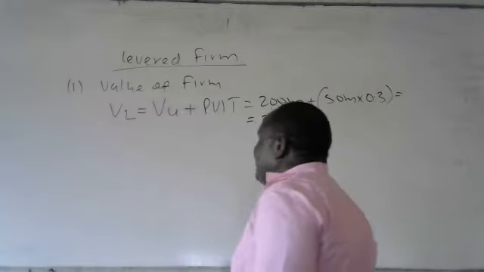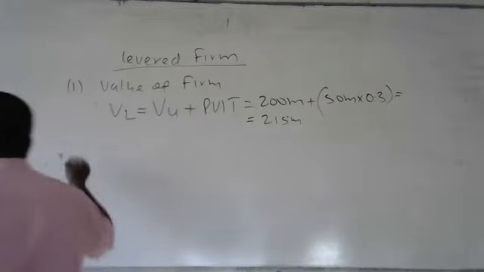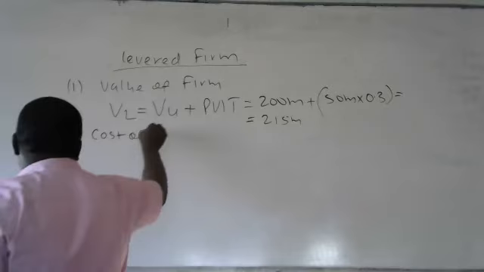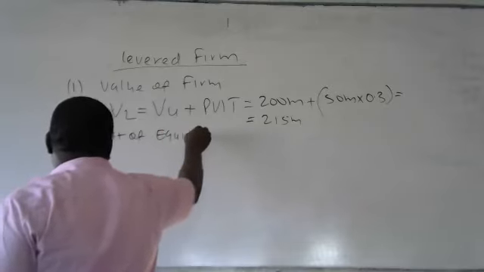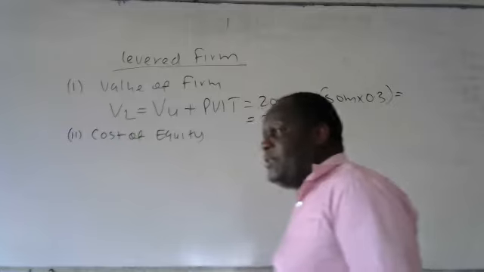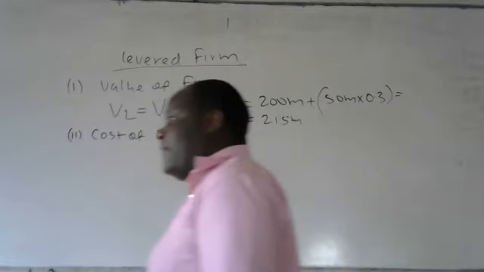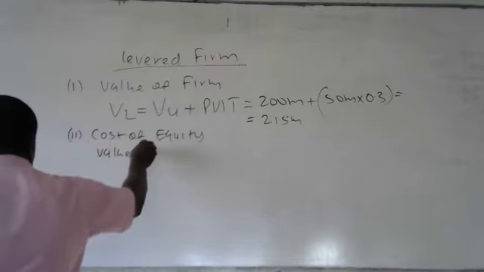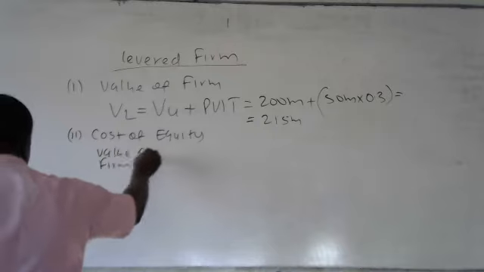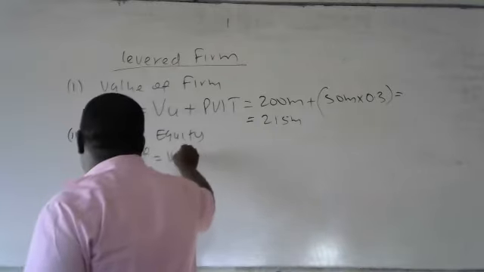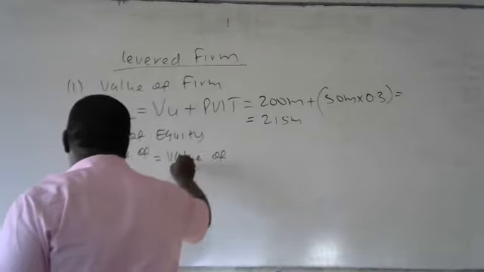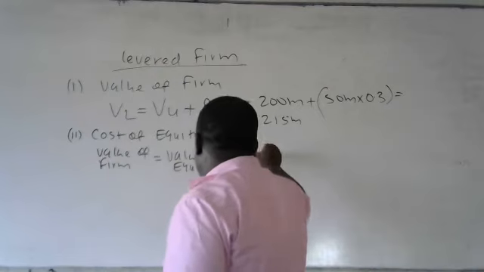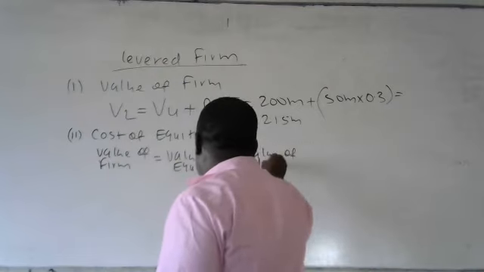After that, remember we go to cost of equity. To get the cost of equity, first get the value of the firm at that point, where the value of the firm is equal to the value of equity plus the value of the debt.